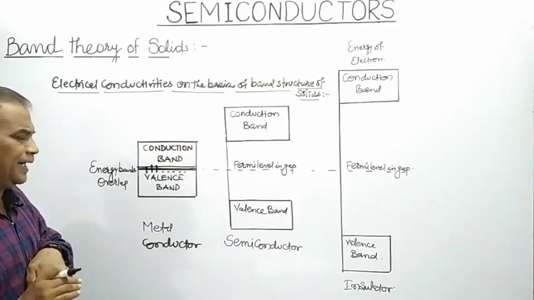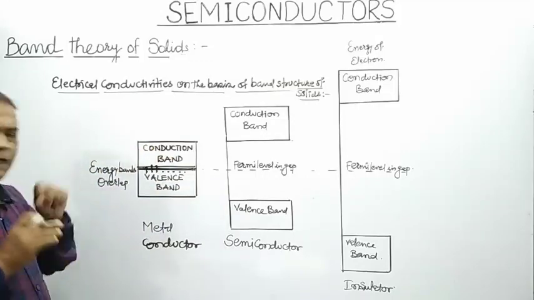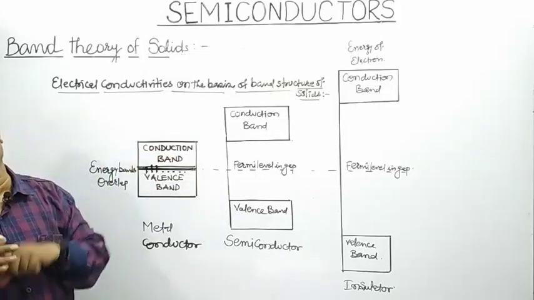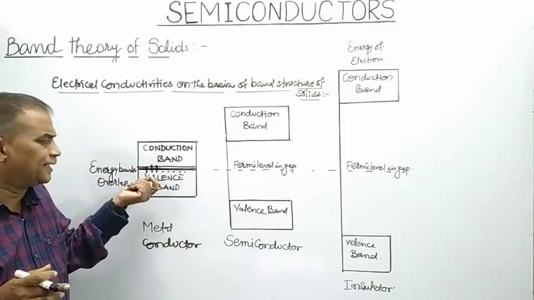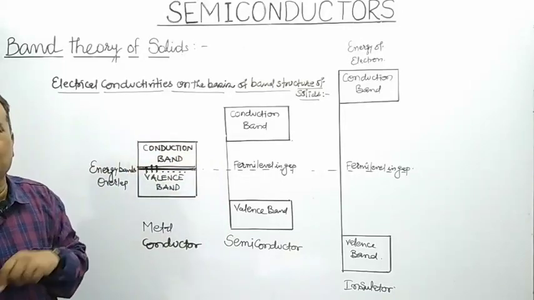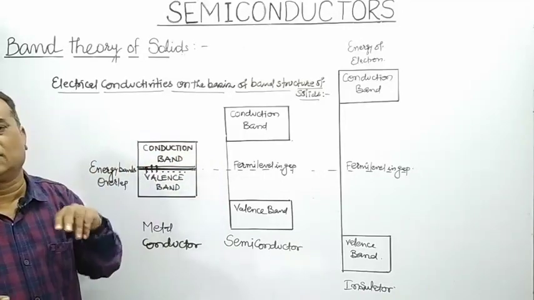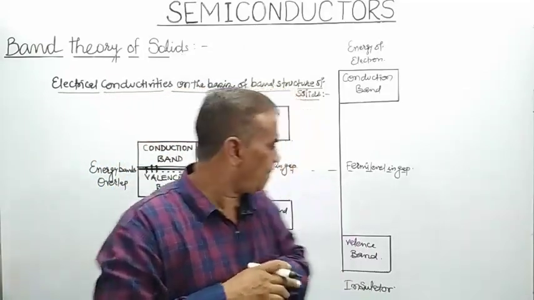Just by applying an external electric field to a conductor, electrons in the valence band gain a small amount of energy and can reach a higher energy level in the conduction band, and these electrons are made available for conduction of electricity.